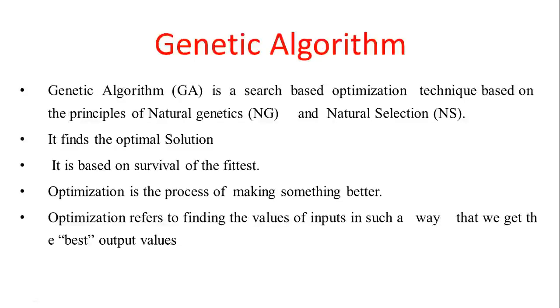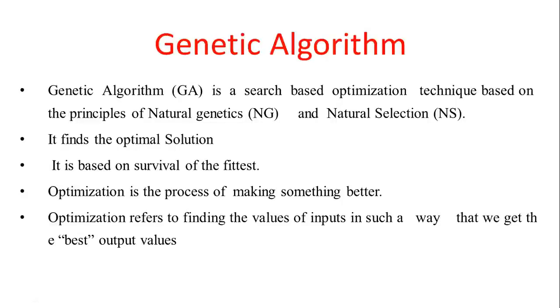So what is an optimization problem? An optimization problem is a problem where we select the best solution from the list of feasible solutions. Or one can also define optimization as the process of making something better.